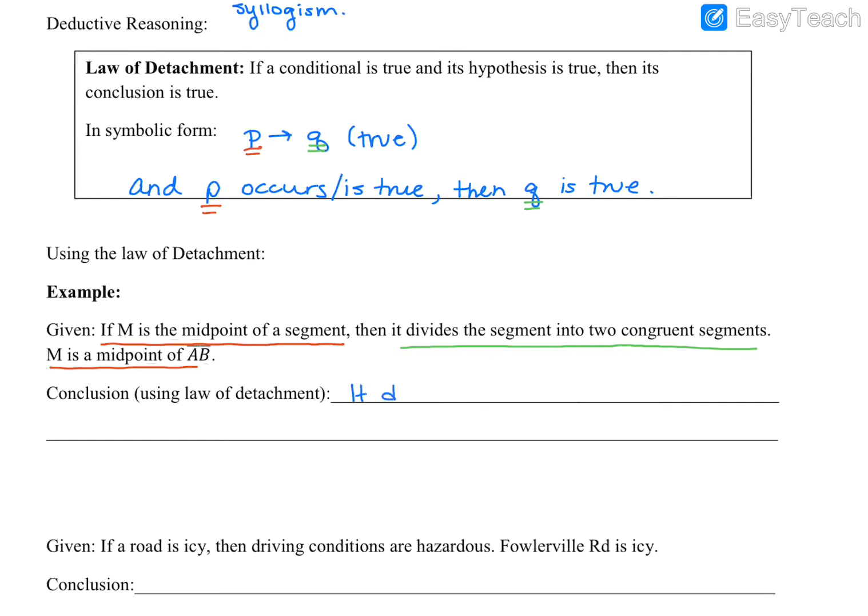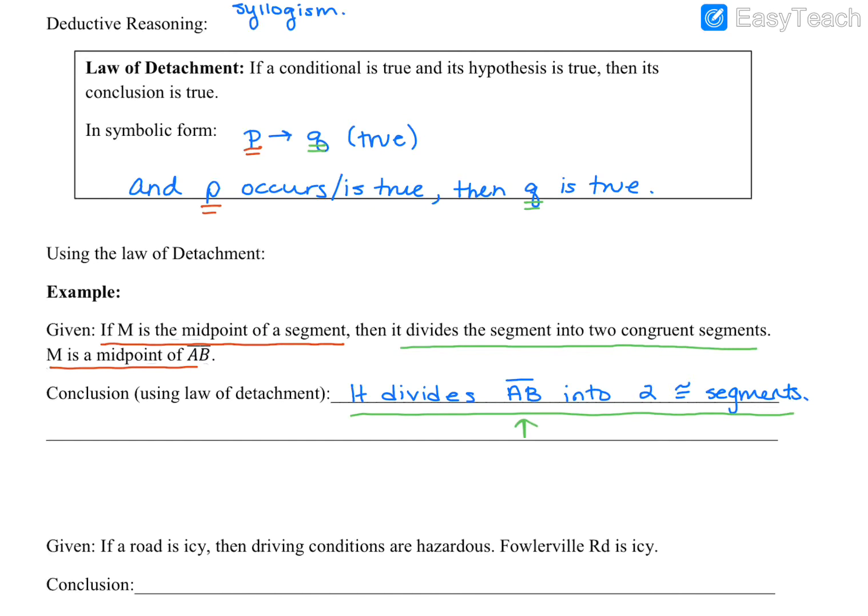It divides AB, segment AB, into two congruent segments. And that would be your conclusion, but it's more specific with that segment AB.